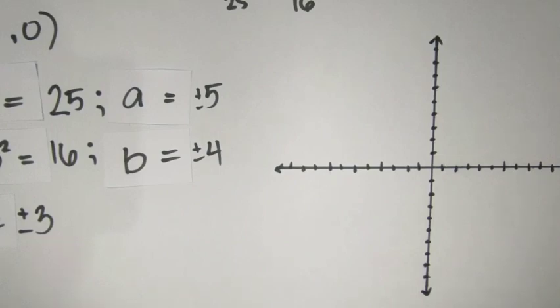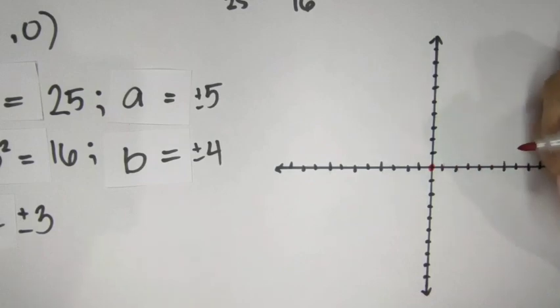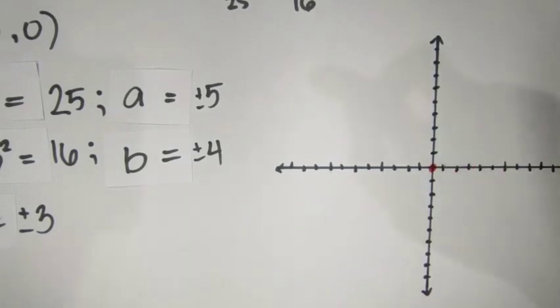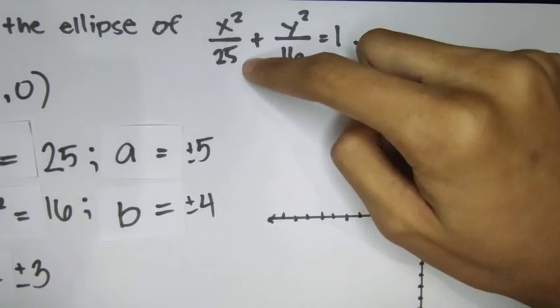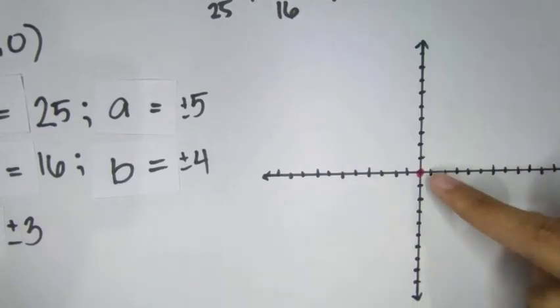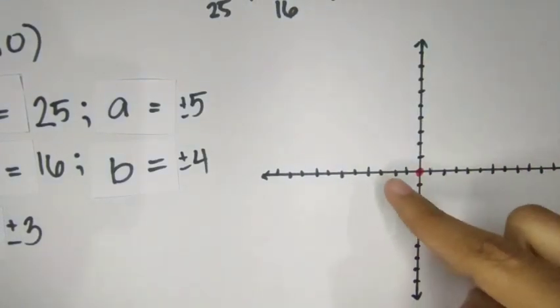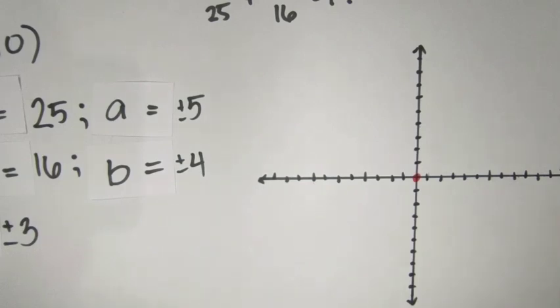Starting with the center at the origin, since the value of a, which is 5, is below the variable x, we will move 5 units parallel to the x-axis from the center.